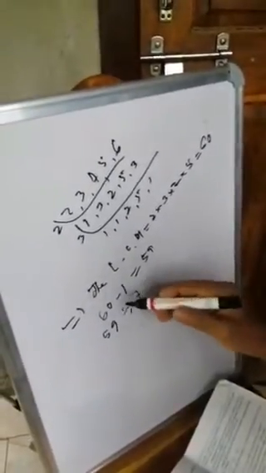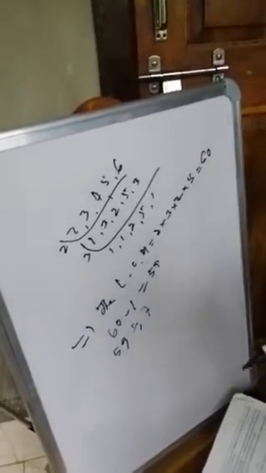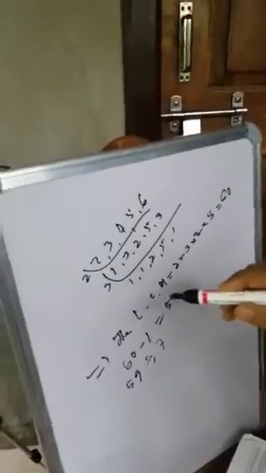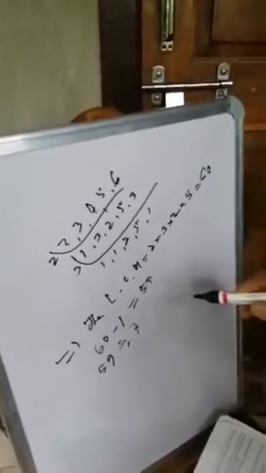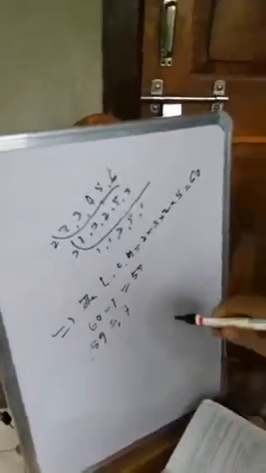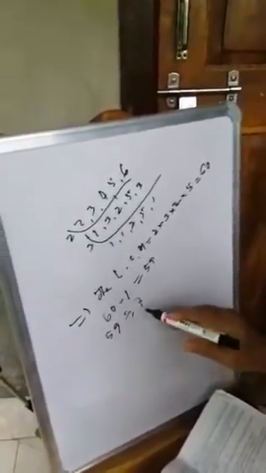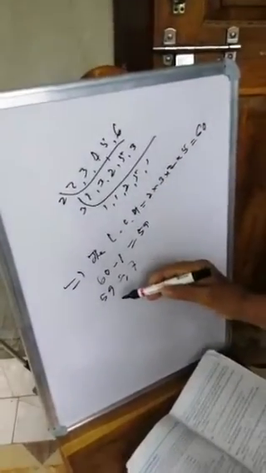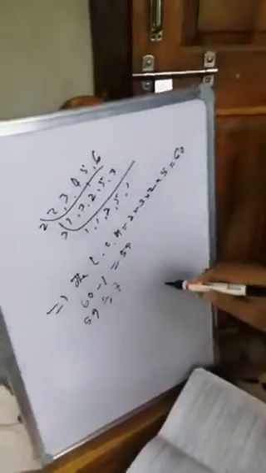Do you follow my point? If we subtract 1 from the LCM of 2, 3, 4, 5, 6, the remainders must be respectively 1, 2, 3, 4, 5.